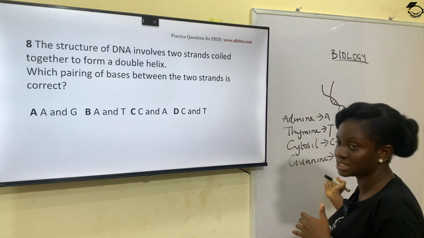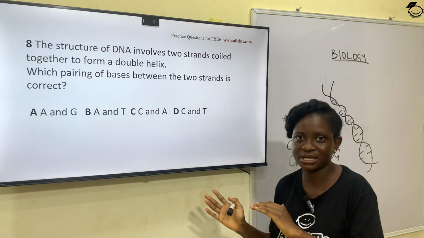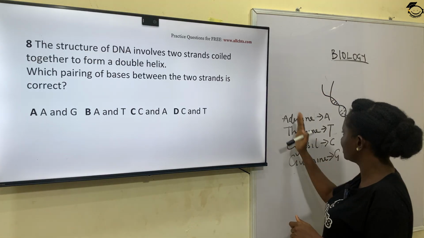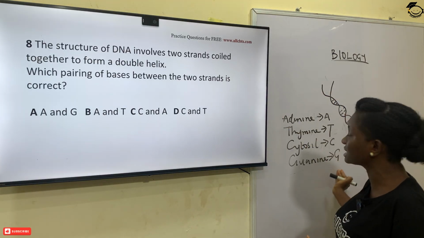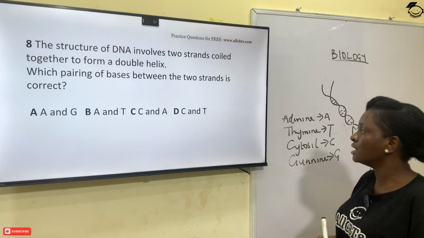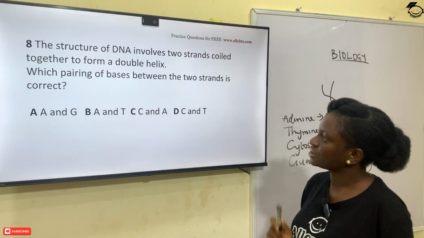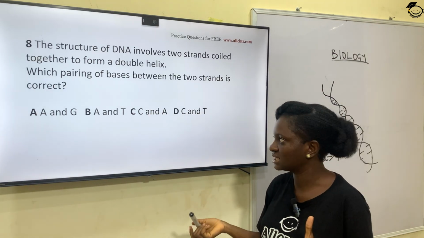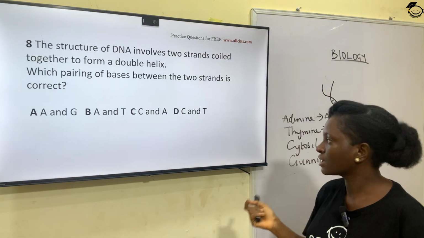For RNA we have uracil. But in DNA, these are what the nitrogenous bases look like. So the question says, which pairing of bases between these two strands is correct?